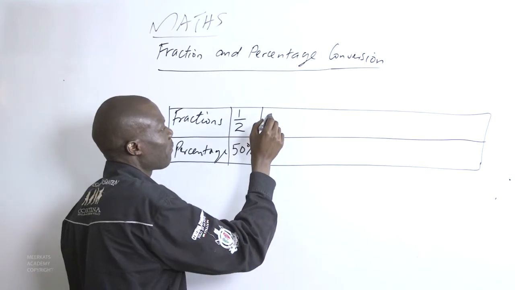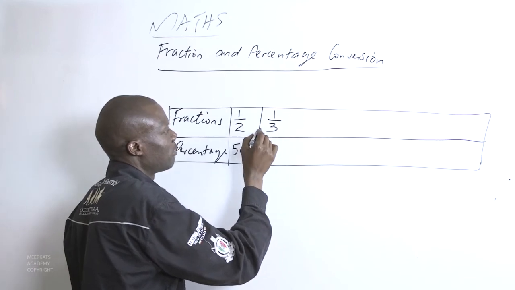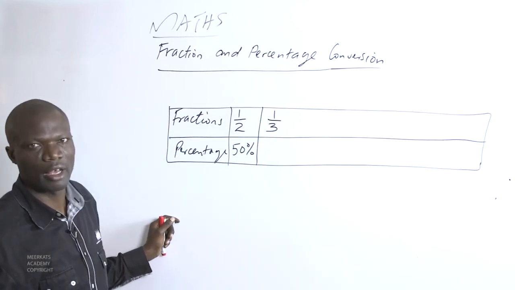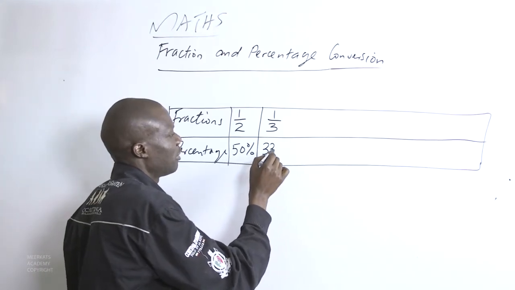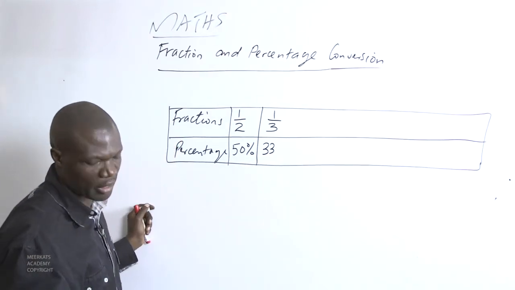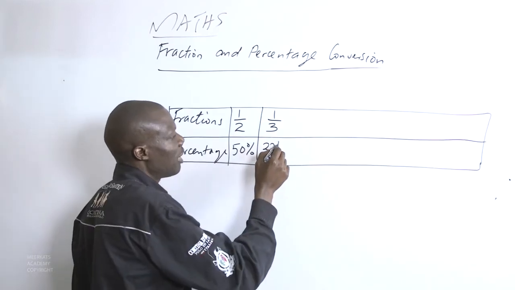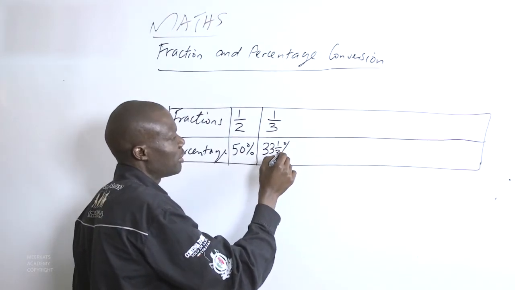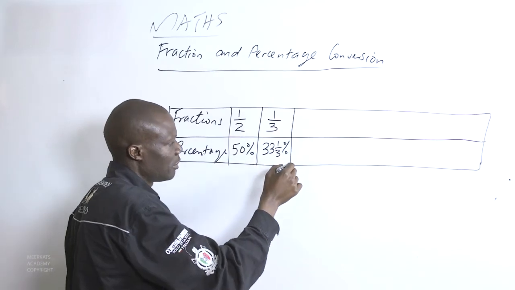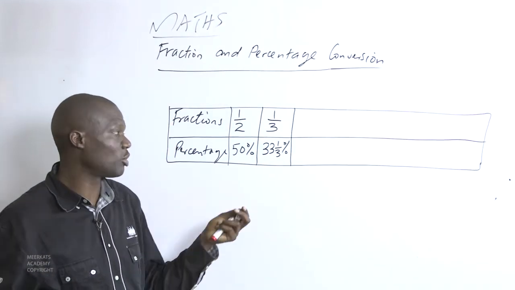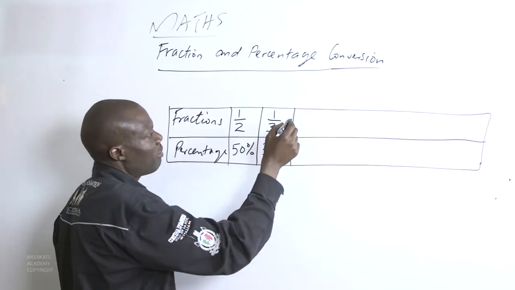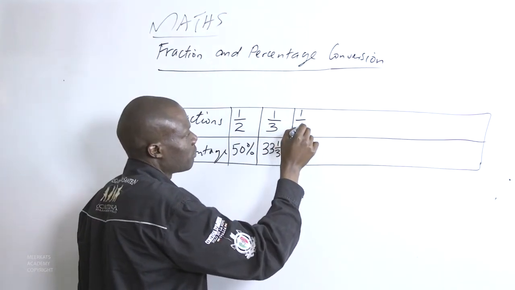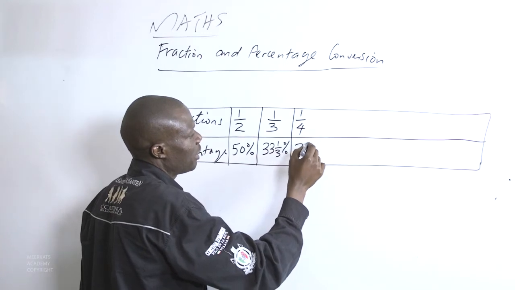When you are given a third, this one is equivalent to 33. I write it as a mixed numeral, and a third percent. I have not said 0.3 because we are talking about fractions here. When we have a quarter, this is equivalent to 25%.